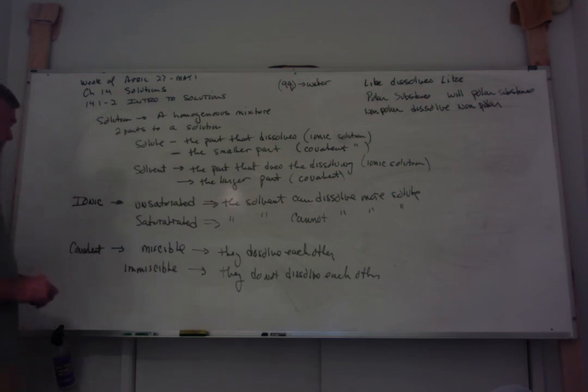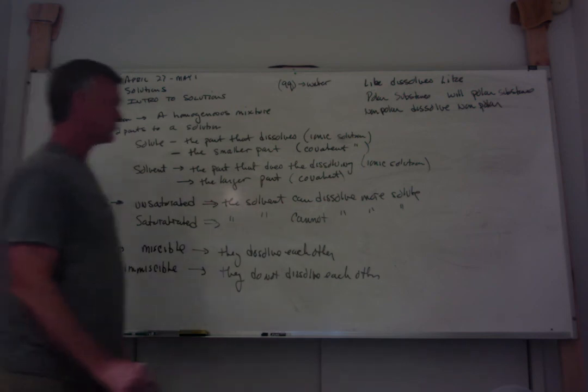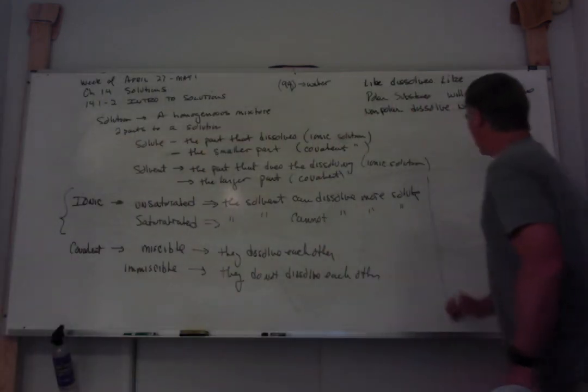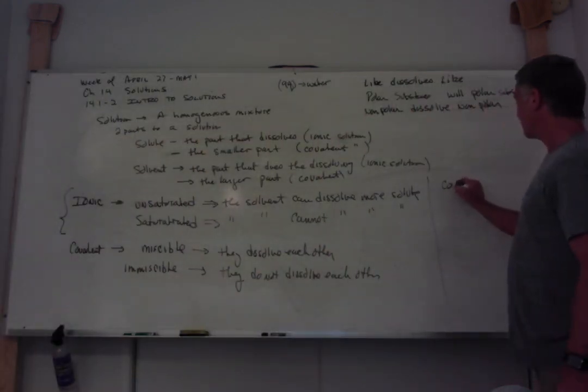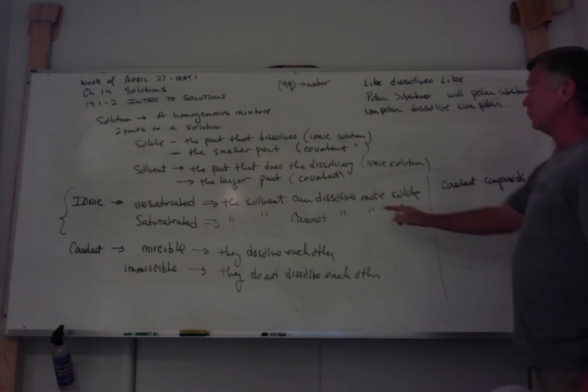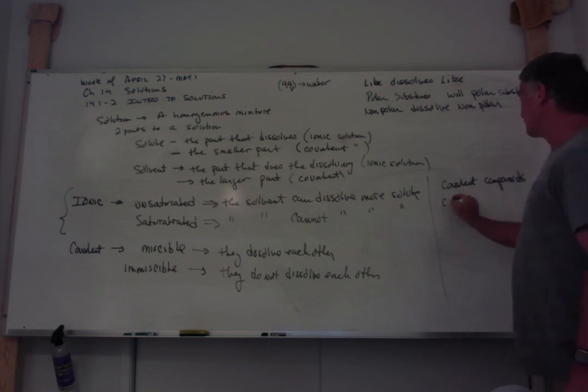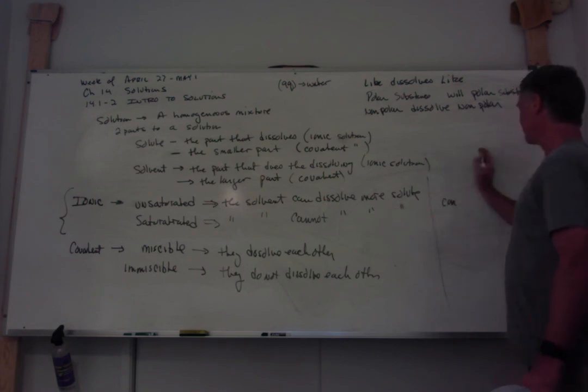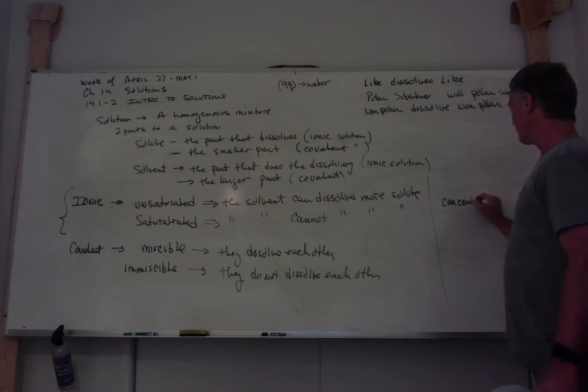but I just realized I should have done something here. With ionic compounds, we say that something is unsaturated or saturated. With covalent compounds, and actually with both, we are also going to talk about whether something is concentrated or dilute.